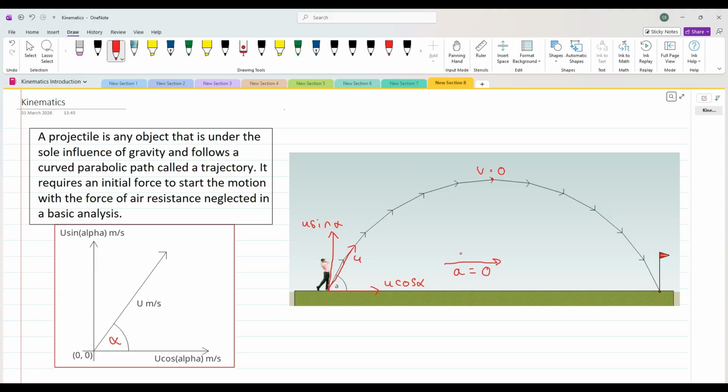And for the vertical component, the acceleration due to gravity g is always downwards. a equals g equals minus 9.81 meters per second squared. So with all that has been stated, let's move on to some examples.